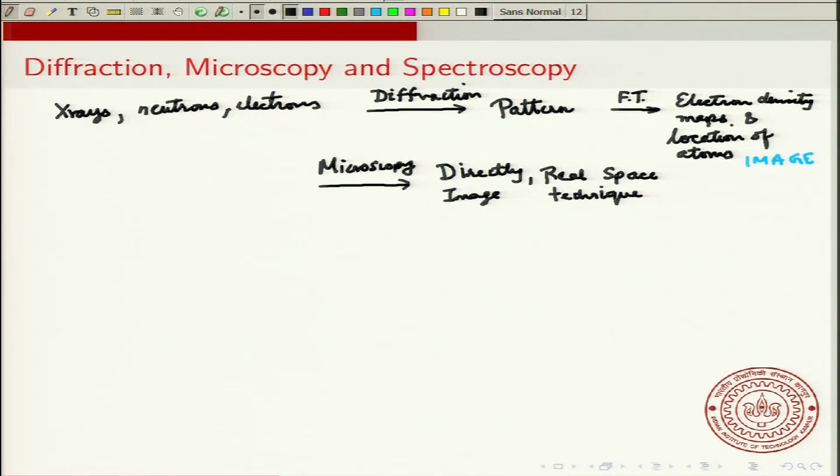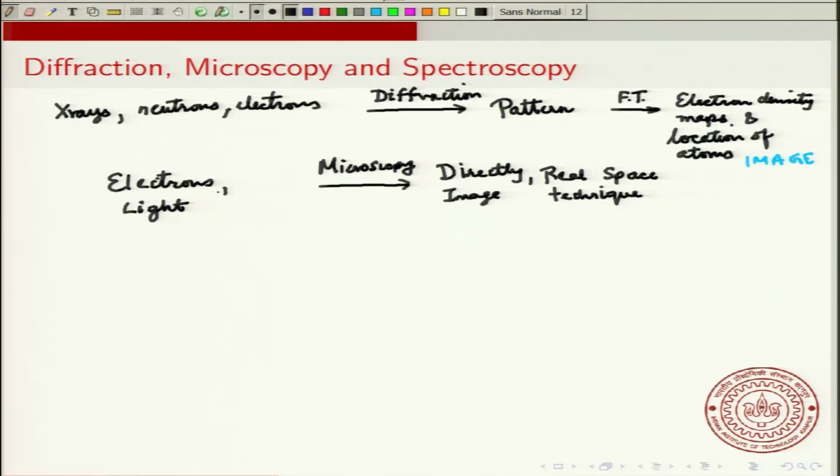Now, what is used for microscopy? Typically the most accurate microscopy uses electrons. So, electrons are used in microscopy. You can also use the usual light to get an optical microscope. So, light is used in optical microscopy, but electrons are used in electron microscopy.